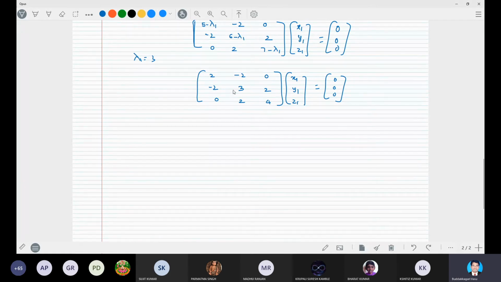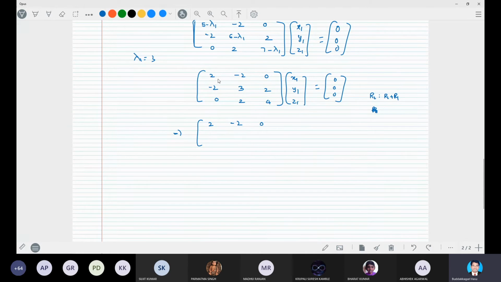First reduce this matrix into row echelon form, making zeros here and here. So for that, what row operation can we apply? Can you tell me what the row operations will be? In R2, apply R2 plus R1. In R3 already 0 is there, no need. So there is no change in the first row: 2, minus 2, 0.